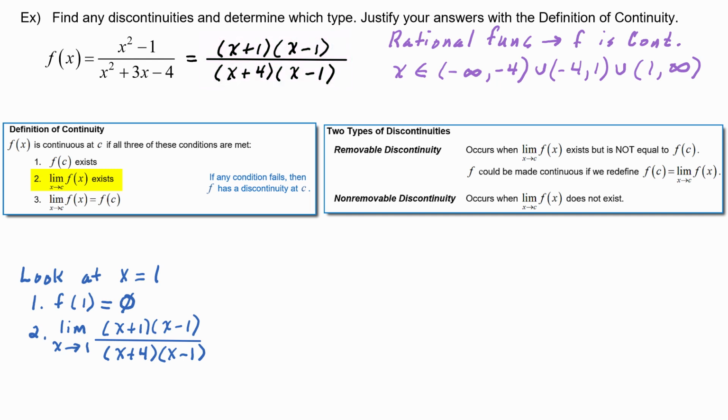And we know within the limit, we can cancel that common factor. So this becomes the limit as x approaches 1 of x plus 1 over x plus 4.